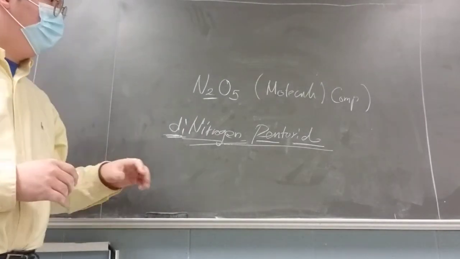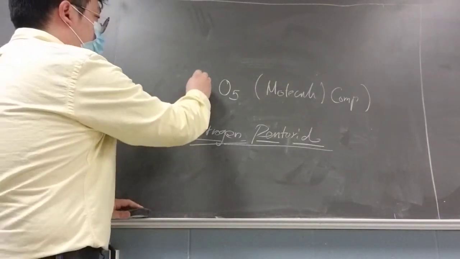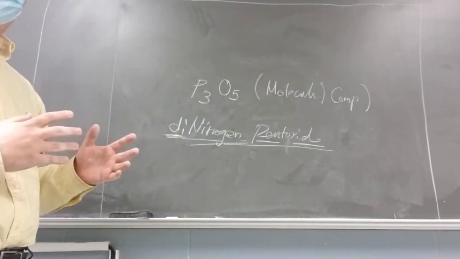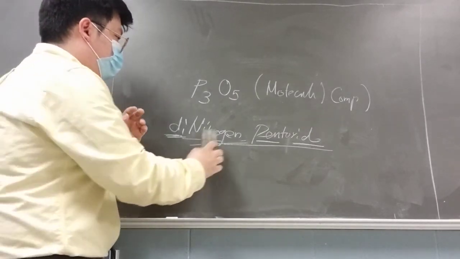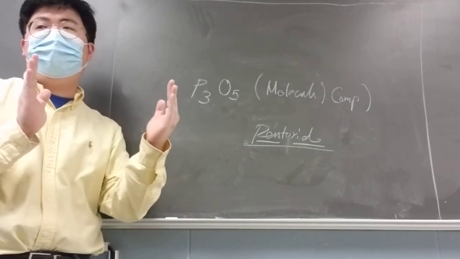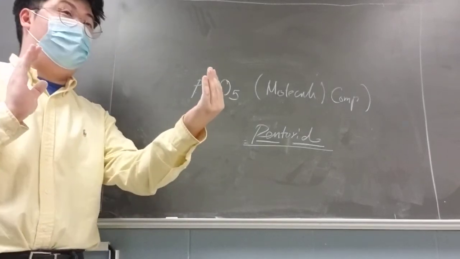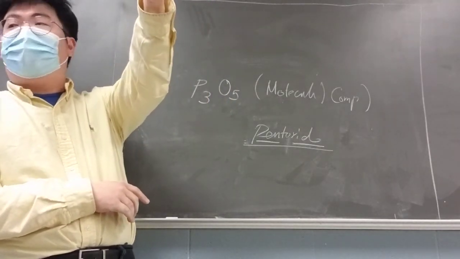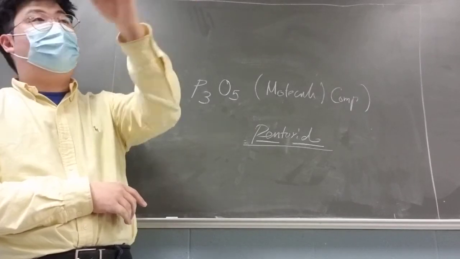So if I change this one to this one, I just made it up. Once again, the left element part of the nomenclature is always easy. If you look at the P, it's in group 5, the fifth column.